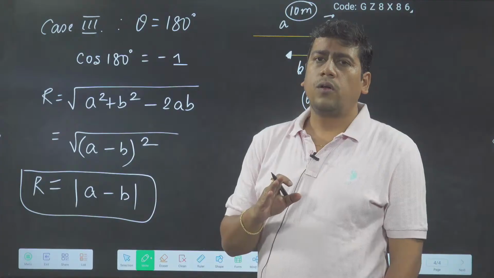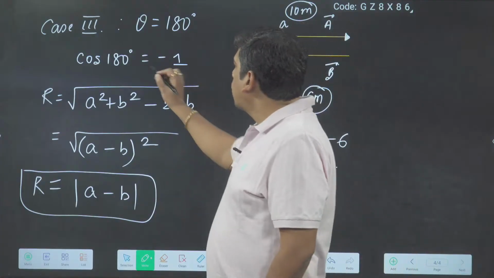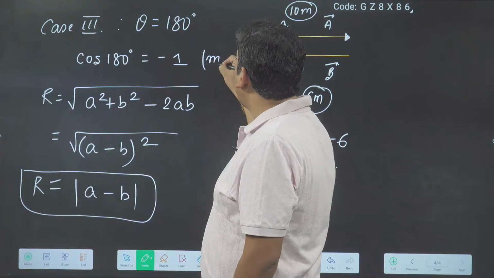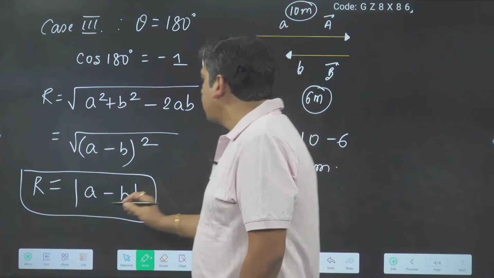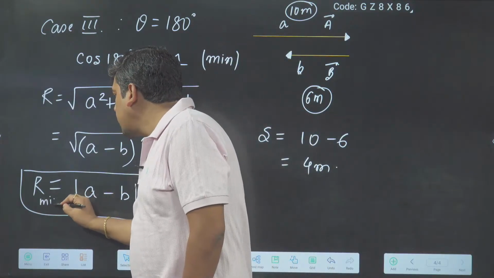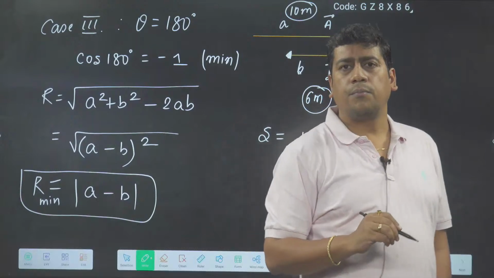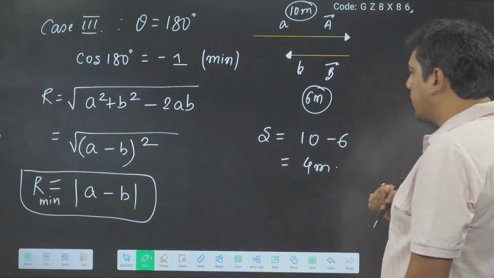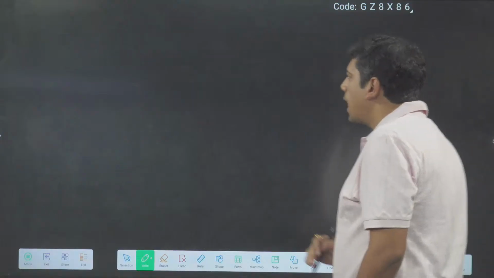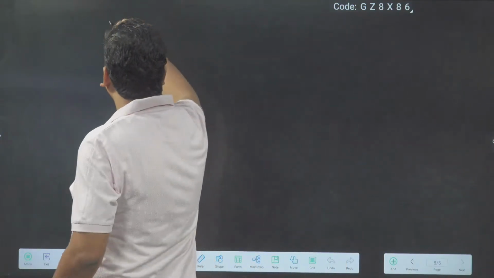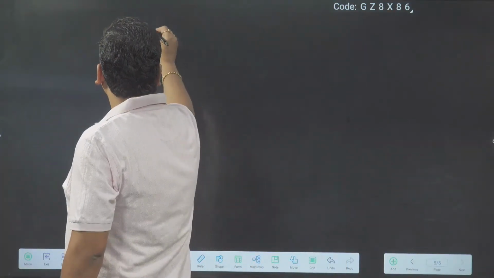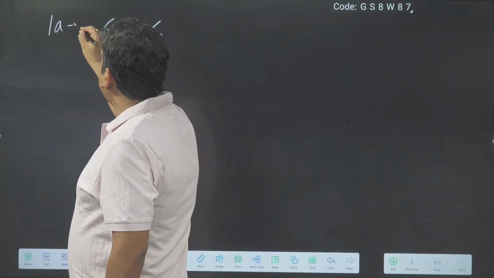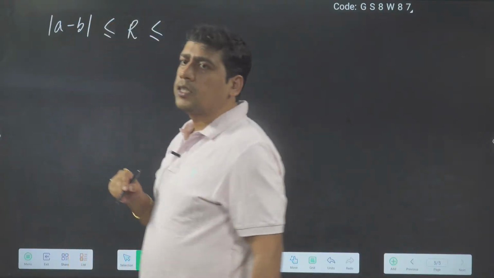And since cos 180 equal to minus 1 is the minimum value of cos theta, that means the a minus b thing is minimum. That clearly means that we have a range of the resultant.